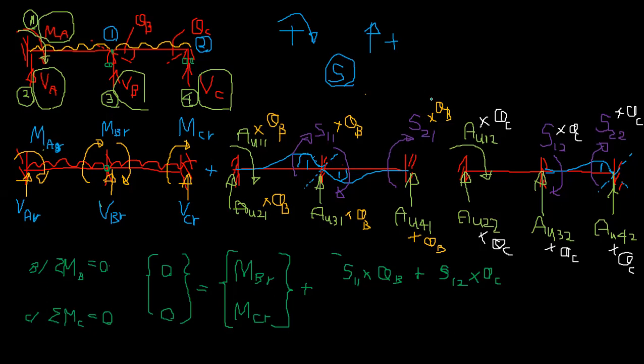You have to consider that, and that is for a unit rotation, and what it will be for theta B rotation. So that brings you S21, and here that will be theta B, right?